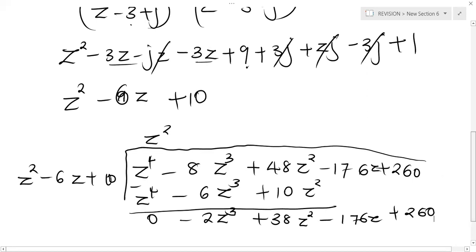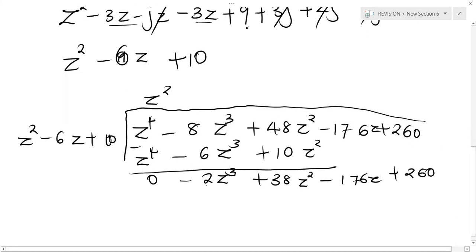Okay, fine. So we need to get minus 2z cubed here. So we will multiply this by minus 2z, and this gives us minus 2z cubed. This term gives us plus 12z squared. This term gives us minus 20z.